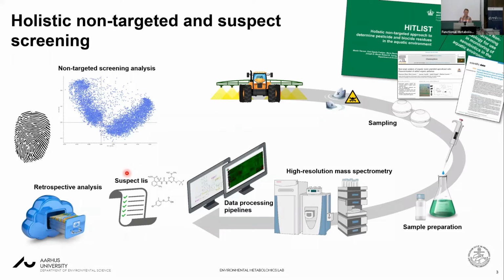This is typically in environmental chemistry, we call that a suspects list. If authorities are approaching us and ask, is that substance in this environmental sample, then we will just try and pull this out of the data. And then we could, of course, archive the data, as we talked about this morning, and then you could revisit it.